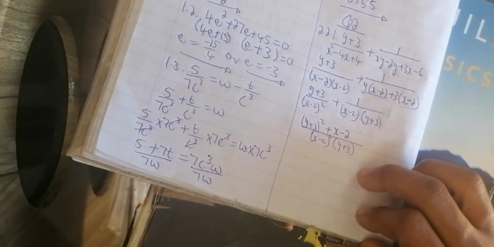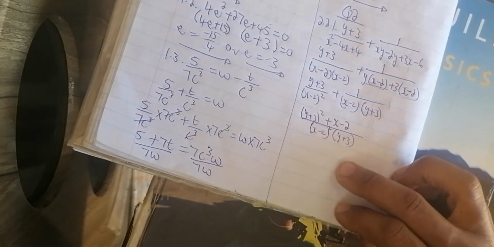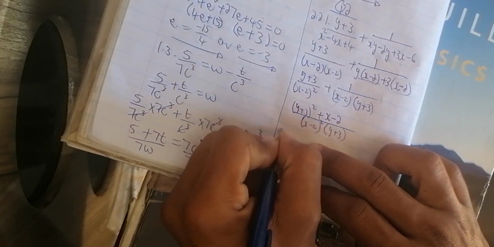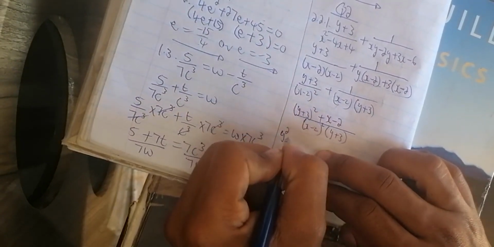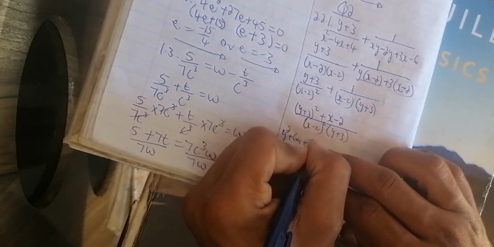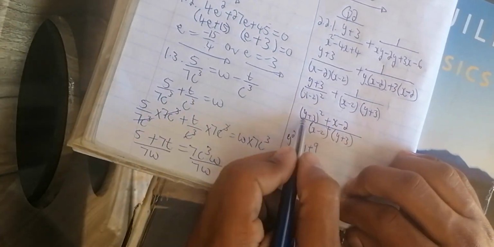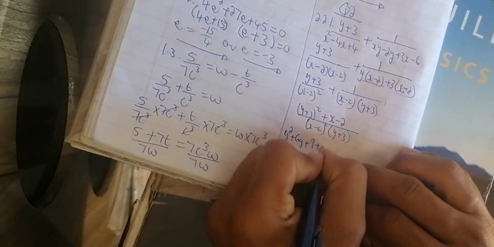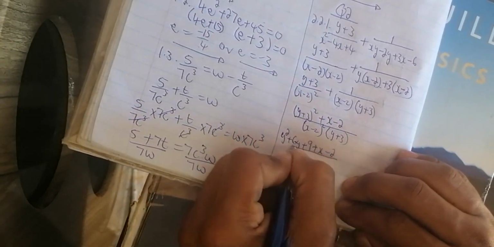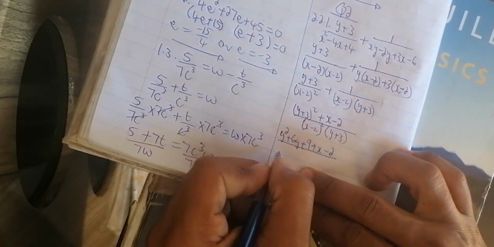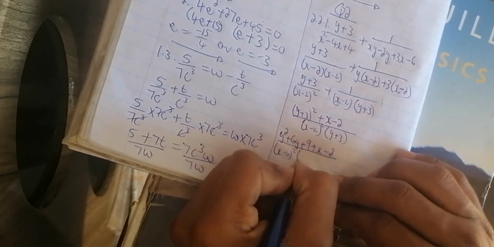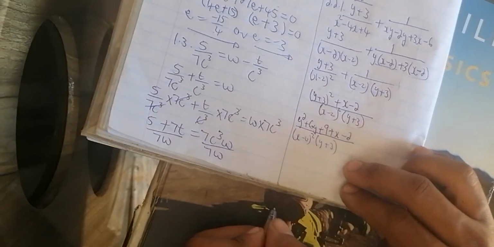Right, that being fine, what is it that I can do? I can remove the brackets there, and I will get y squared plus 6y plus 9. Please, when you remove the brackets there, I have plus x minus 2, all over (x minus 2) squared times (y plus 3).